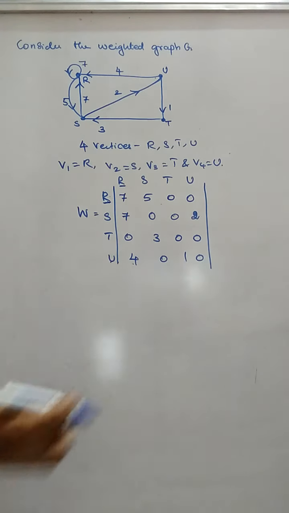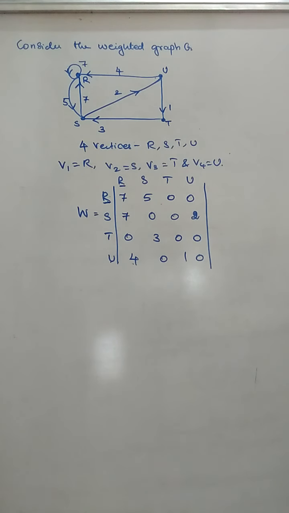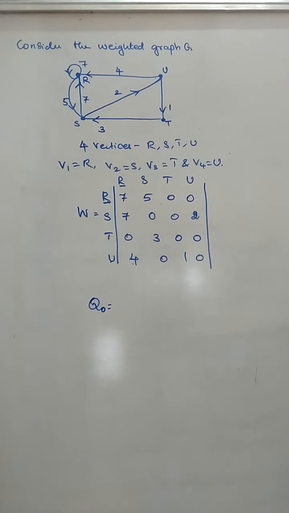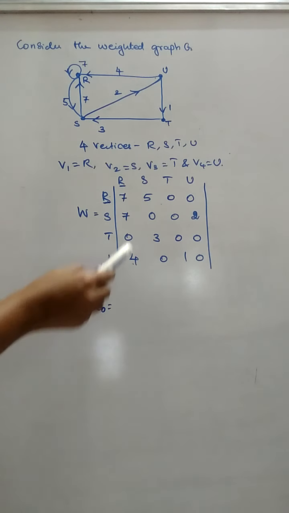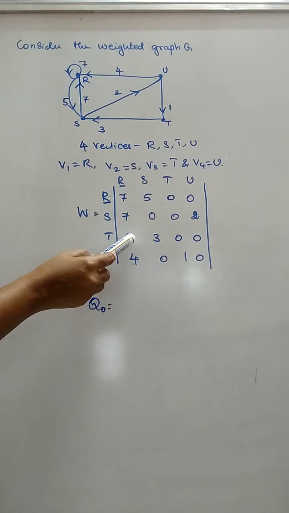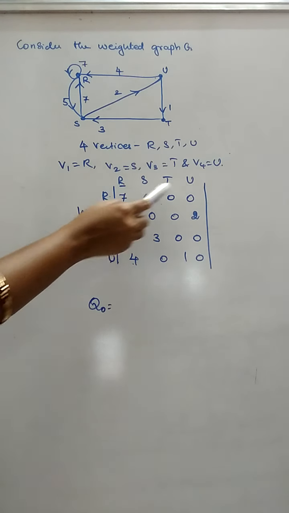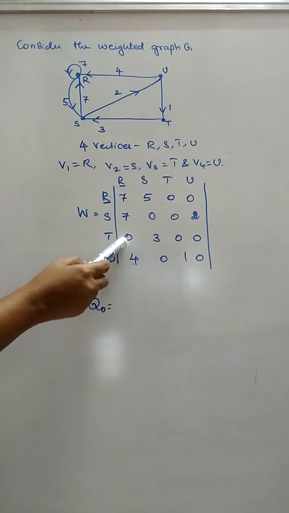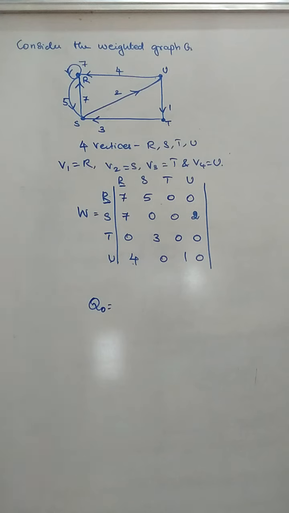So after deriving this weight matrix, I should derive the matrix Q0. What is meant by Q0 is, from this weight matrix only I am going to derive the matrix Q0. For deriving this Q0, I have to replace all zeros by infinity.